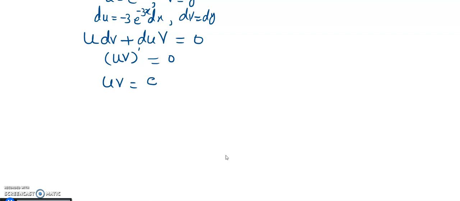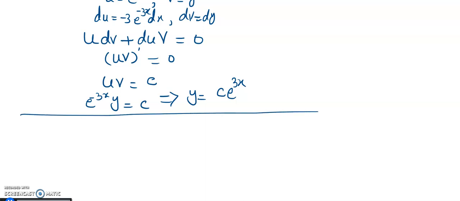Now we put in the value of u, e to the power minus 3x, and v equal to y, which is equal to c. This gives us the solution y is equal to c e to the power 3x. So this is the solution, and this is how the process works for this method. Let's take another example.